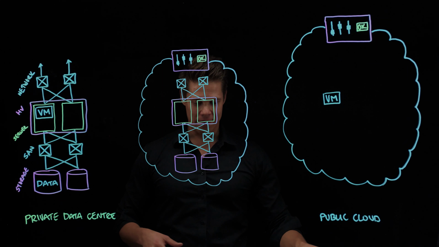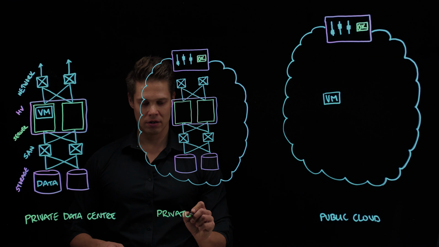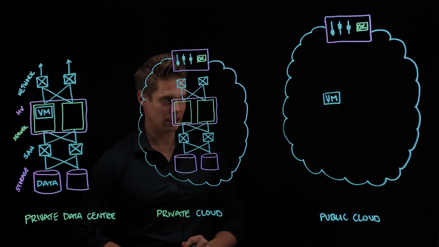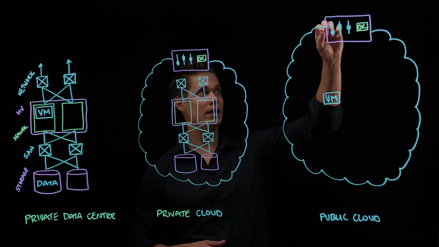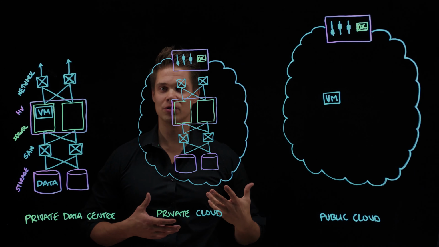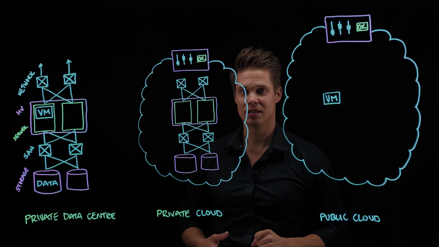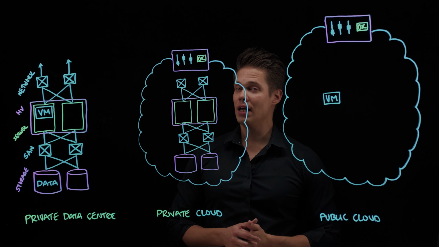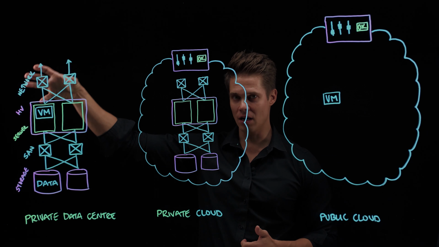What we now have is the privacy that we have here combined with the cloud aspect that we have on the right hand side. This way we can easily, using a simple user interface, provision our virtual machines up and running within seconds or minutes, while having complete visibility to what's happening in our environment.